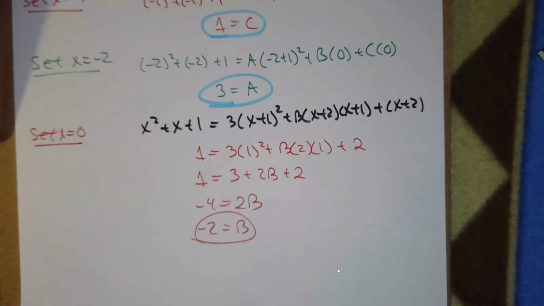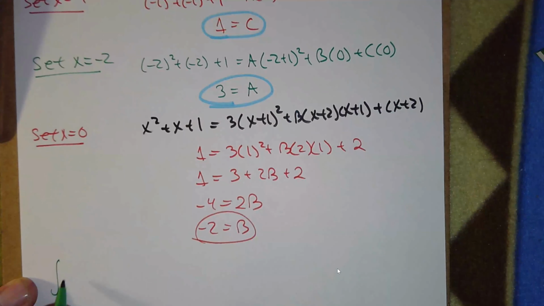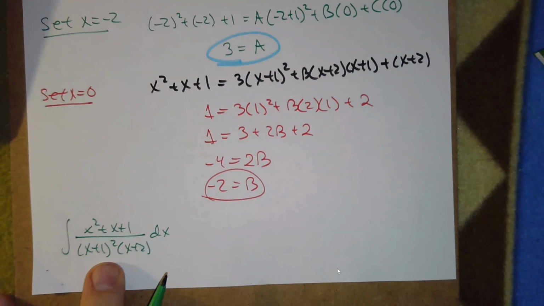So let me see if I can't get those straight. That's going to be the integral of x squared plus x plus 1 over (x plus 1) squared times (x plus 2) dx. And yeah, I changed the order on that, sorry.